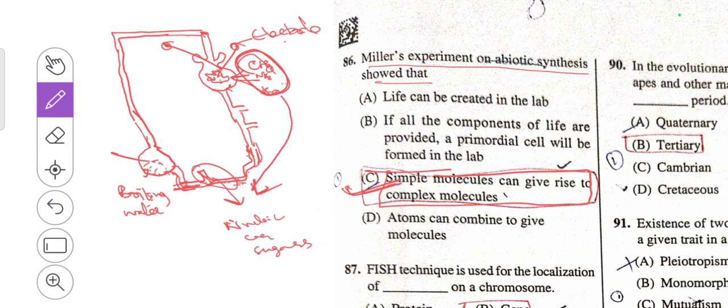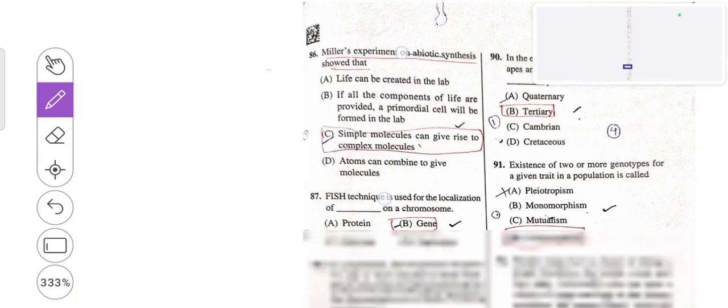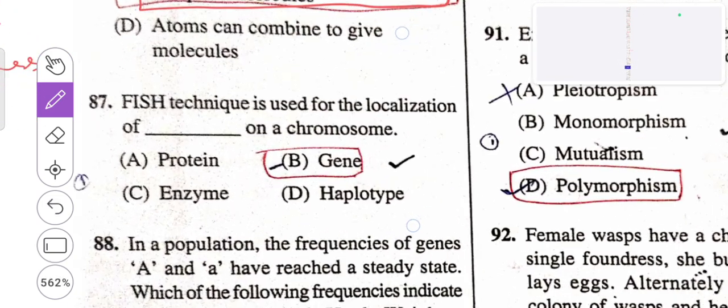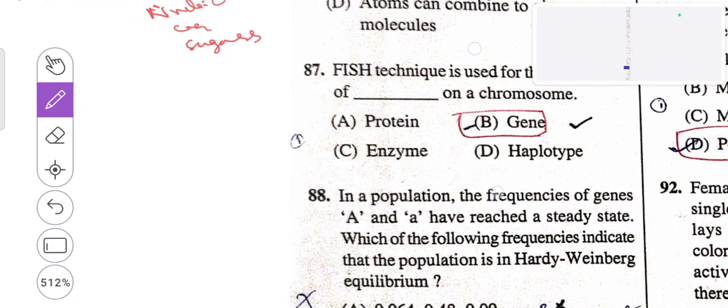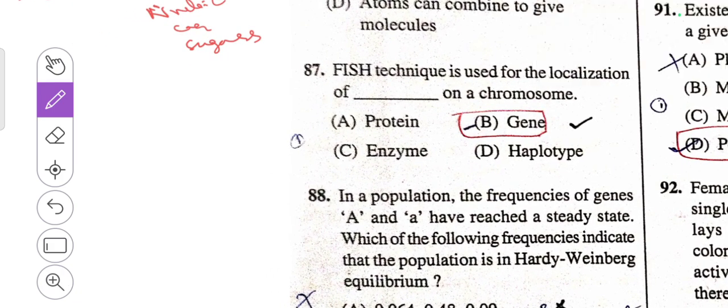So 86, C is the right answer. Then 87th. FISH technique is used for localization of dash on the chromosome.